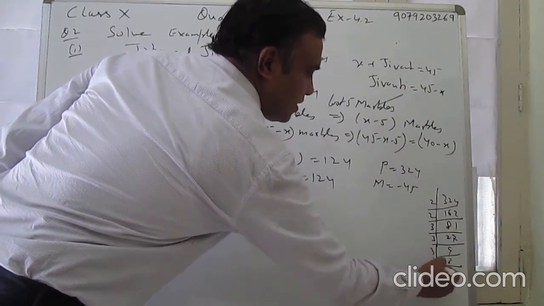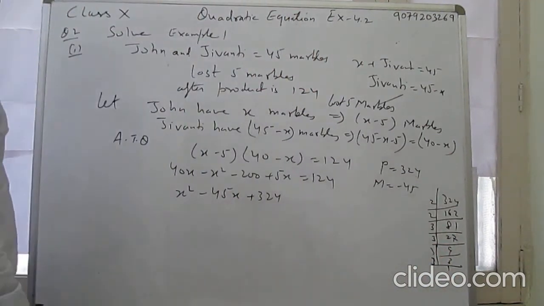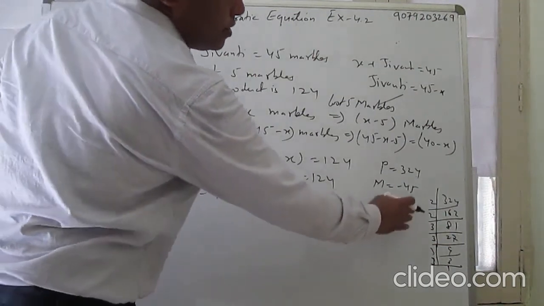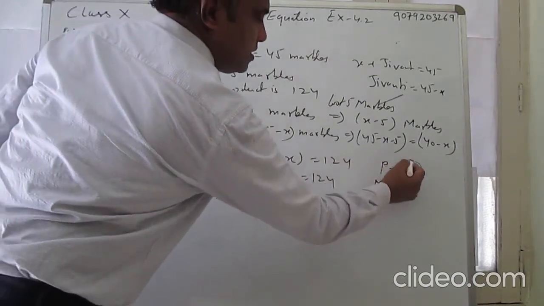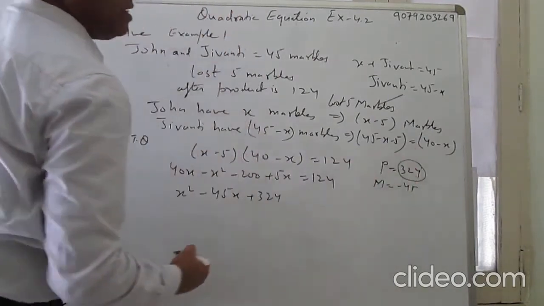So you make the factors. Okay, so what are the possible factors? Here you can say the possible factors of this are 16 and 9.